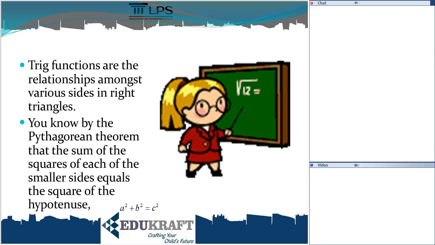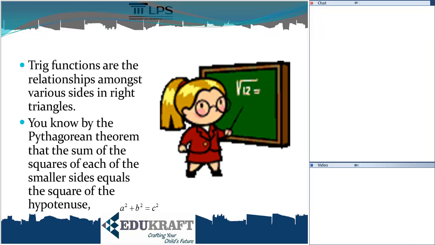So this is what we have seen earlier. Just a quick review of what we have done earlier. Trig functions are the relationships amongst various sides in right triangles. You know by the Pythagorean theorem that the sum of the squares of each of the smaller sides equals the square of the hypotenuse.